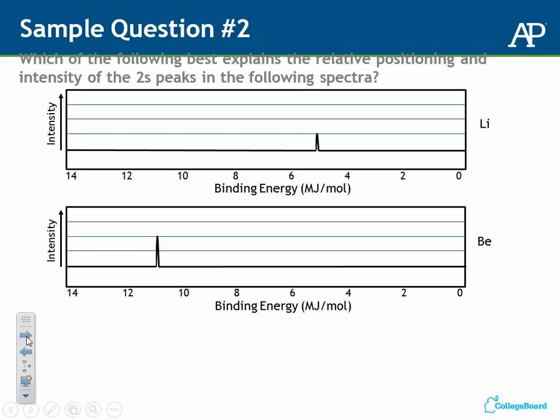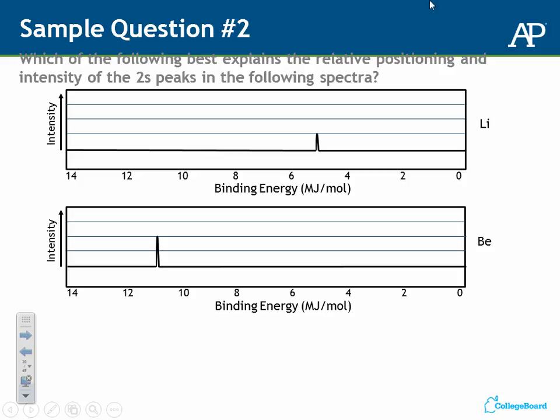Okay, so another example question would be to analyze the spectra and explain the relative positioning and the intensity of the 2 peaks. So here we have intensity for lithium and for beryllium.